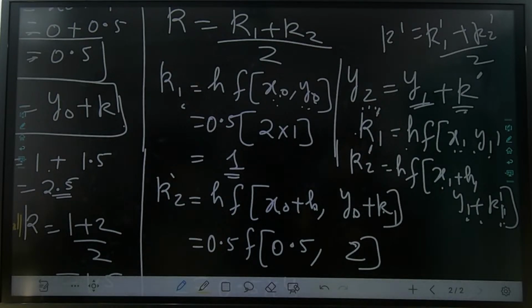So going forward, you keep the previous data in hand, plug it in correspondingly, and move forward.